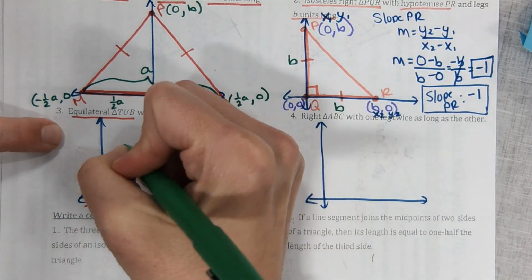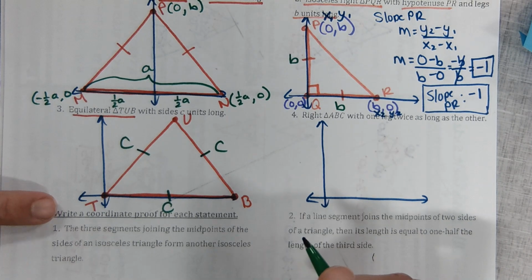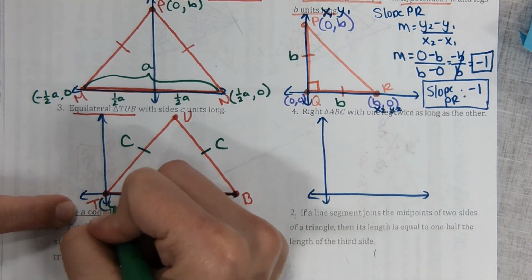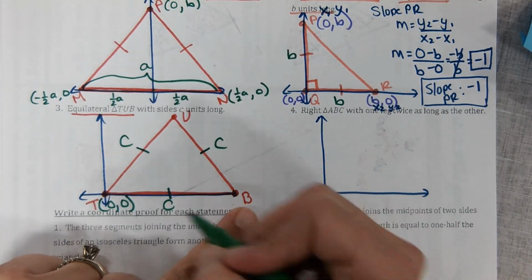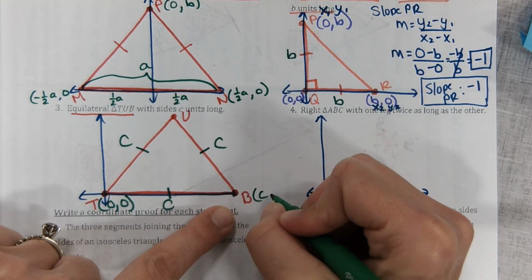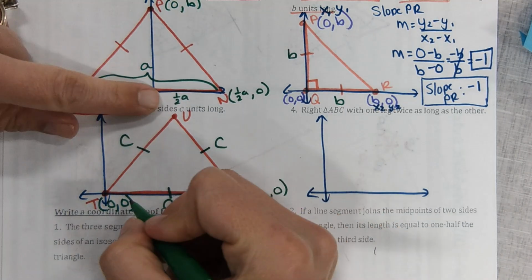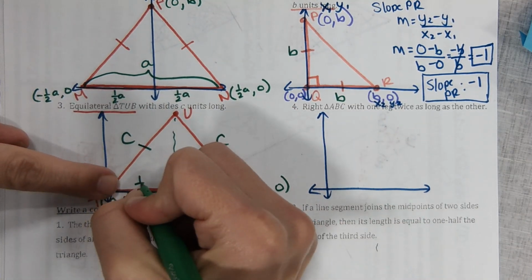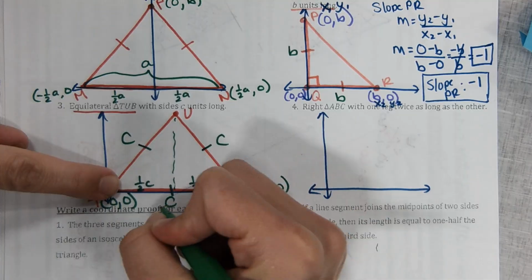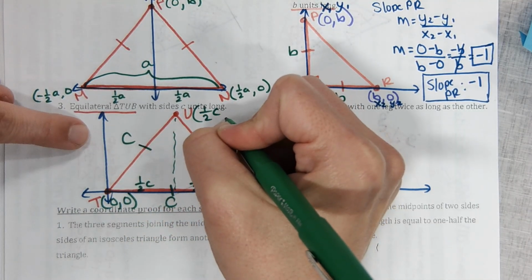So all the sides are the same length and they're all C units long. T would be at 0, 0. V, if this is C units long, V would be at C, 0. And then U, if this is C units long, U would be at the halfway point. So this is half C and then this is half C. So U is at 1/2 C for the X.